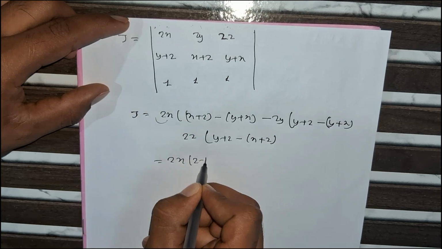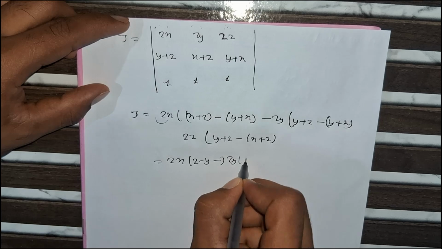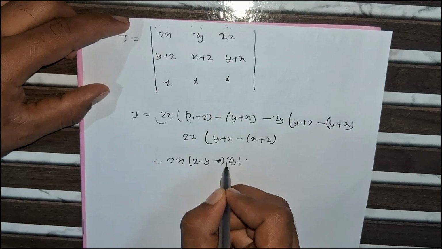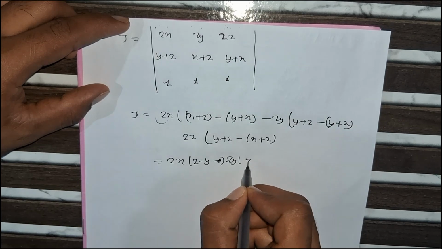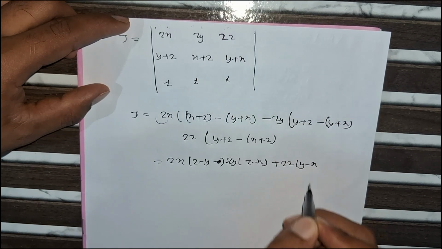2x into z minus y, minus 2y into z minus x, plus 2z into y minus x.